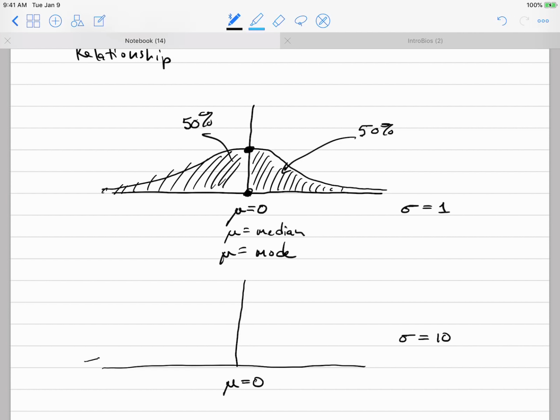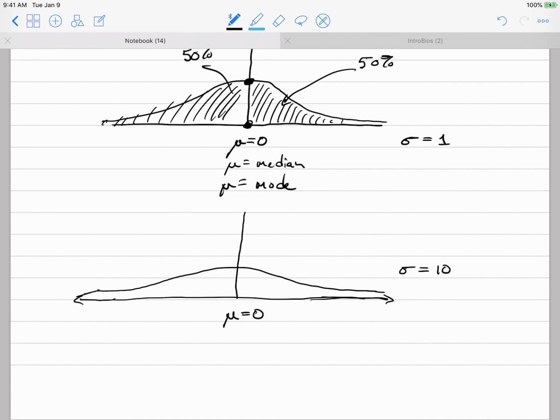You would get a much flatter curve. So this is an overall description of what would happen if you increase your standard deviation.